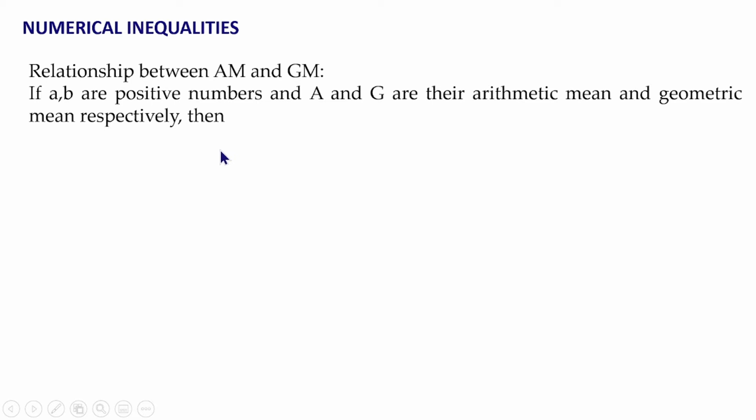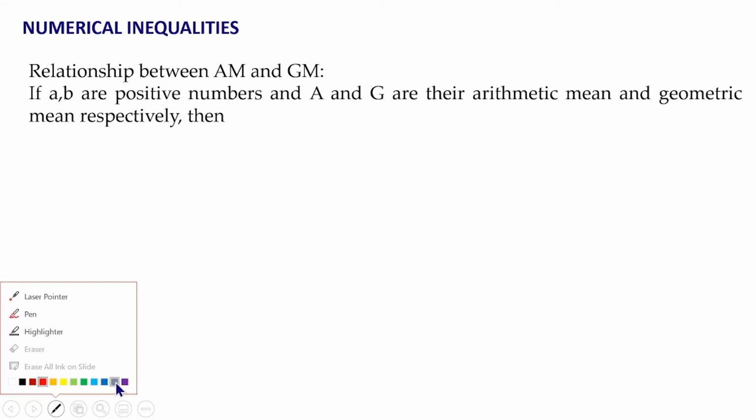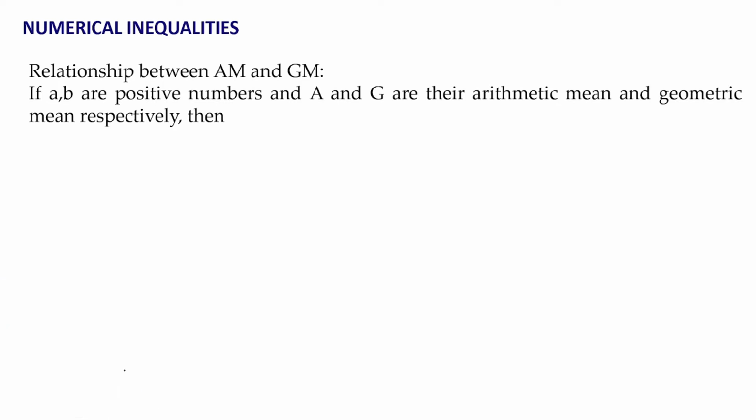Moving on, now we will see the relationship between arithmetic mean and geometric mean. We already know which one is more and which one is less from class 11 applied mathematics itself. The same question was asked in the sample question paper.